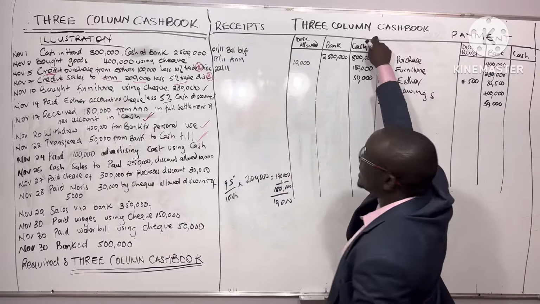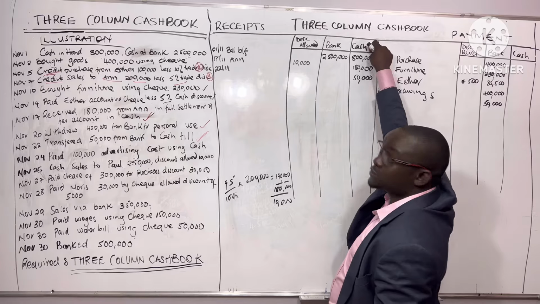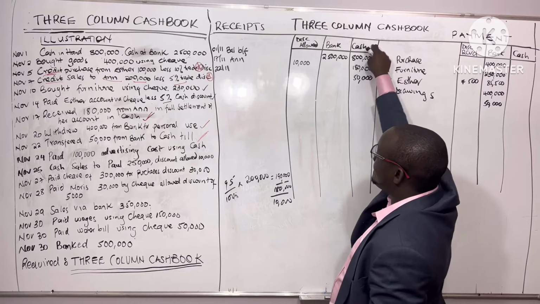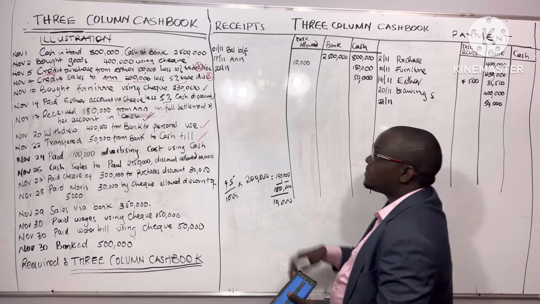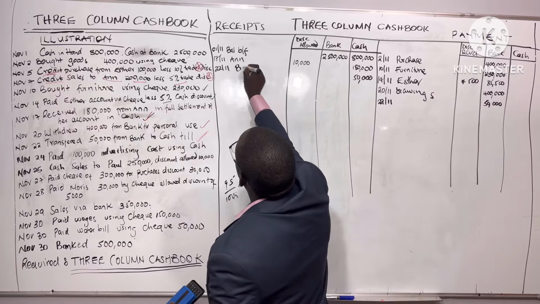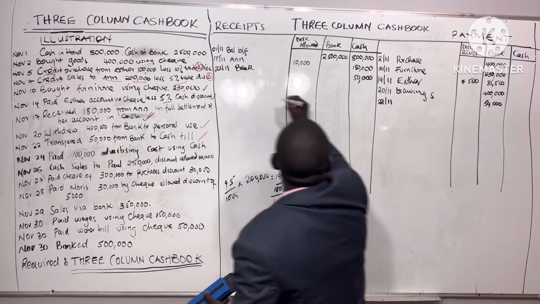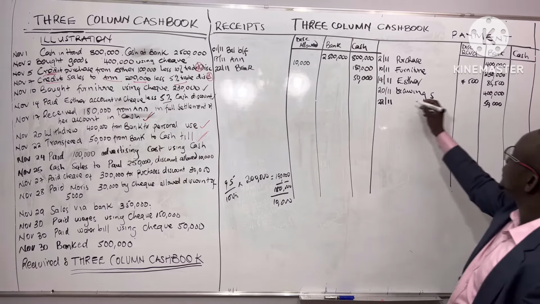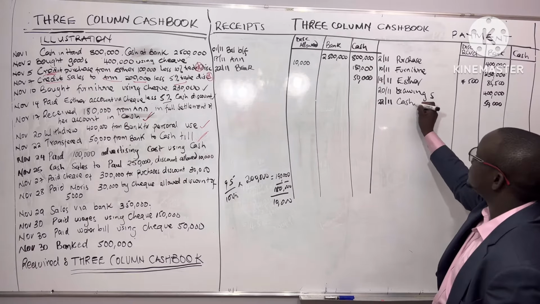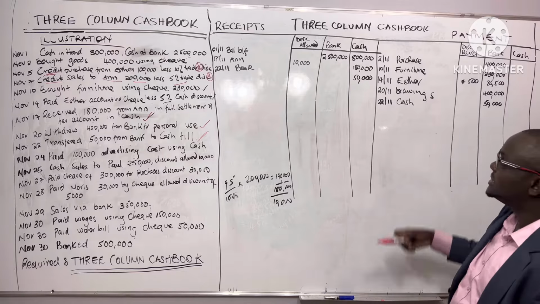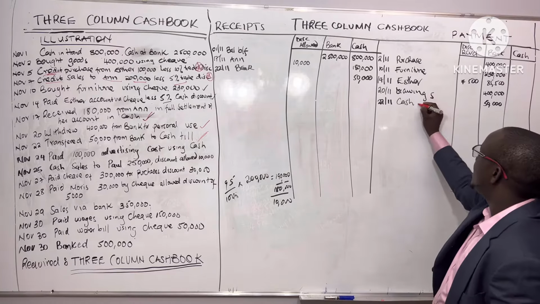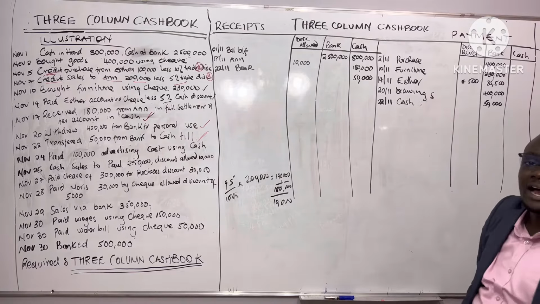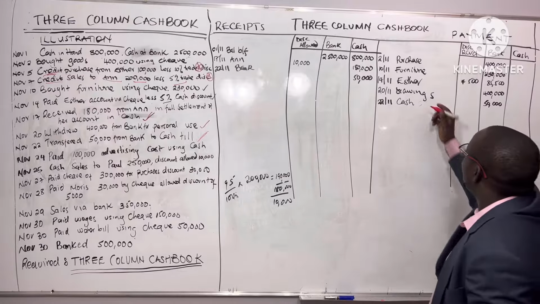Now this money went to the cash column, so we need to narrate where it came from. This money was withdrawn from the bank and went to the cash office. Because this transaction affects both sides, we call it a contra entry, and we put a C.